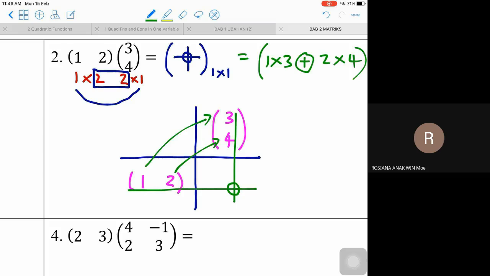Selalu murid confused, darab dengan tambah. Jadi kalau tambah biasanya saya buat bulat untuk memastikan anda nampak itu ialah tambah bukan darab. Sebenarnya bulat itu tak perlu, tapi kalau tulis pun tidak apalah, untuk peringatan sendirilah.